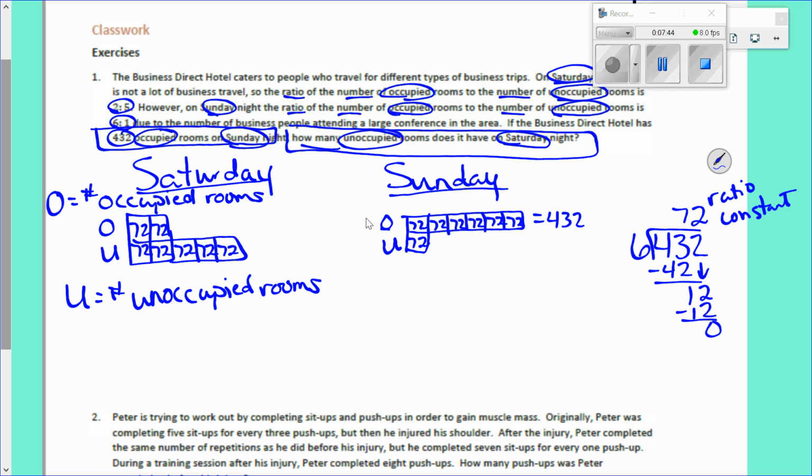So now, how many occupied rooms did I have on Saturday? Wesley? 144. How many unoccupied rooms did I have on Saturday? Mateo? How did you get that?